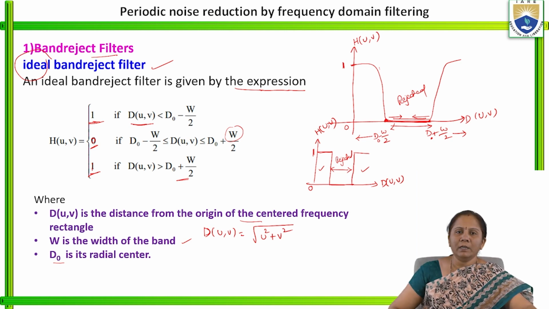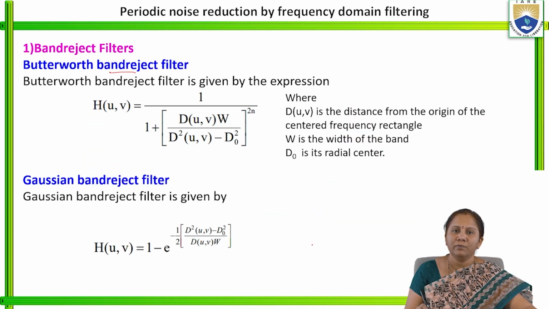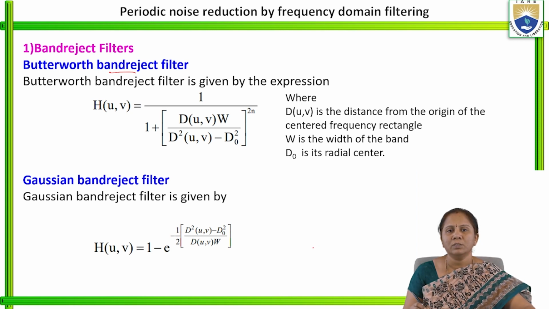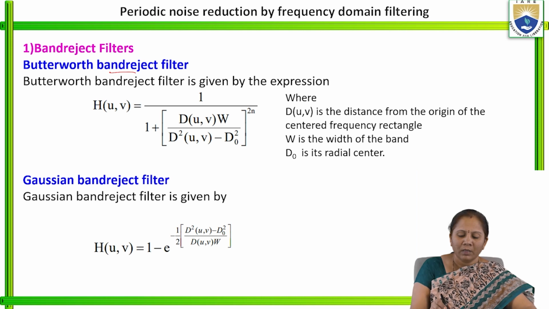After the ideal band reject filter, we have one more band reject filter, that is the Butterworth band reject filter. As we know, the Butterworth filter operates based on the order of the filter, which is represented as n. Based on the order, the filter transition will be determined.